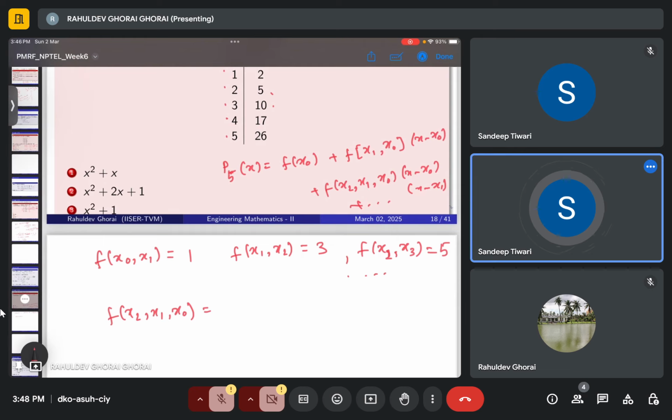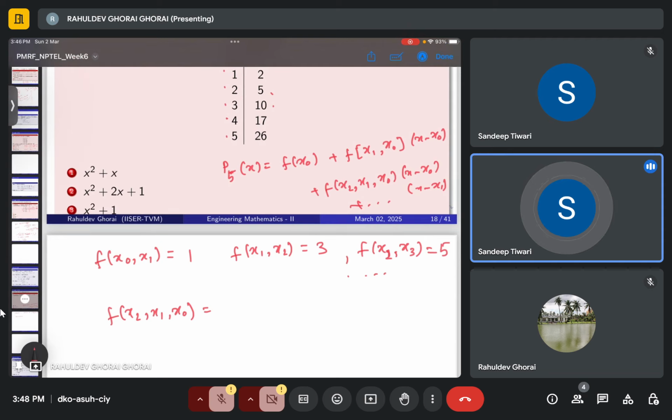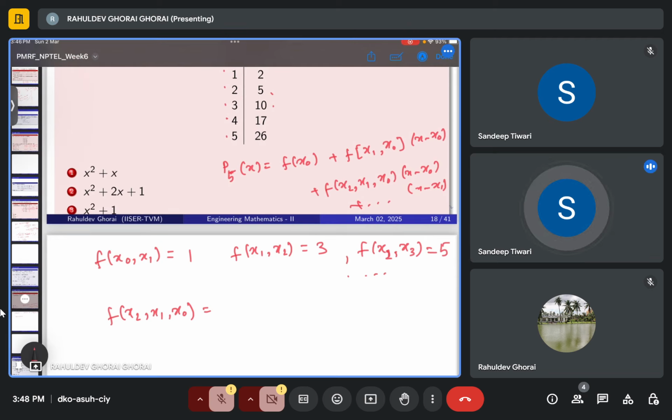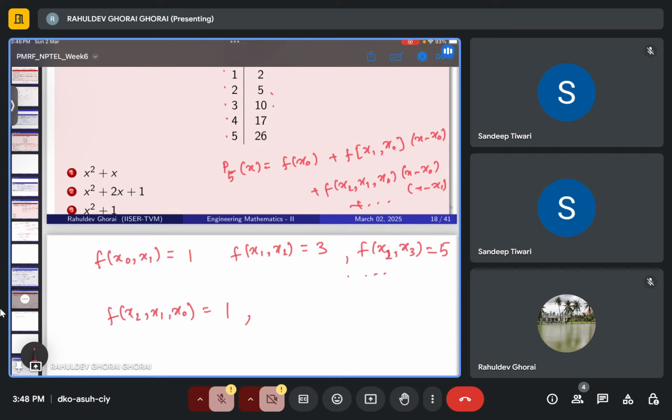No, there is a catch. It will be divided by 2. Divided by 2, that will be 3 minus 1, 2 divided by 2, that will be 1. Exactly, it's not just that one.